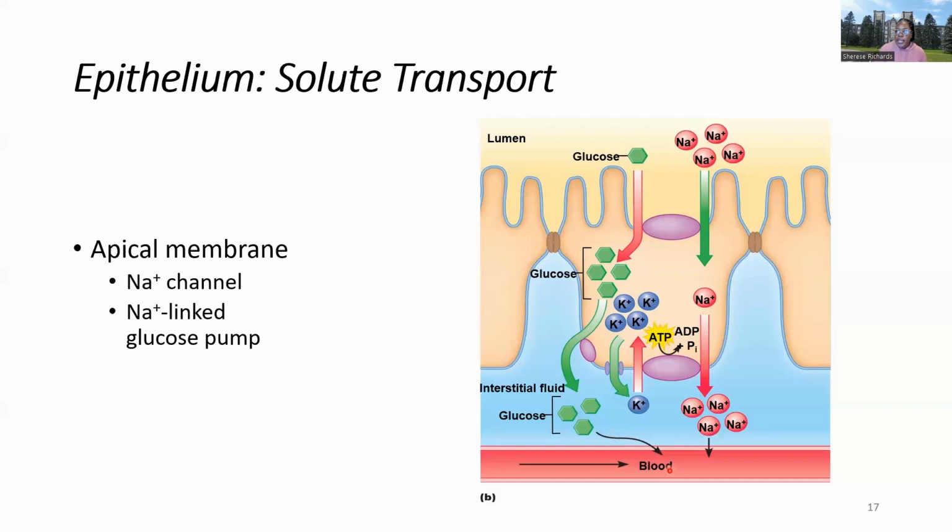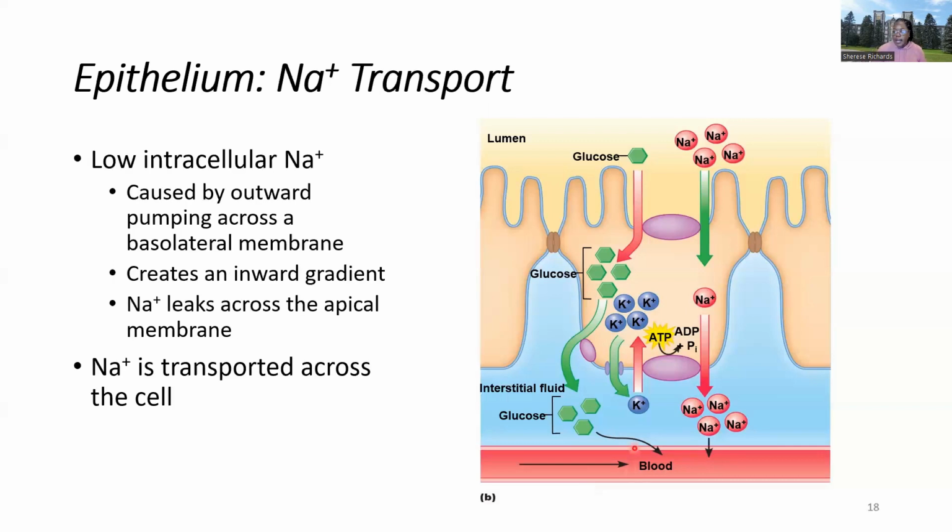So this is how we can have a combination of all the different types of transporters, channels, and pumps that we have talked about, and they're all working together on different parts of the cell membrane to move these molecules from the lumen into the cell and then eventually to be absorbed into our bloodstream.